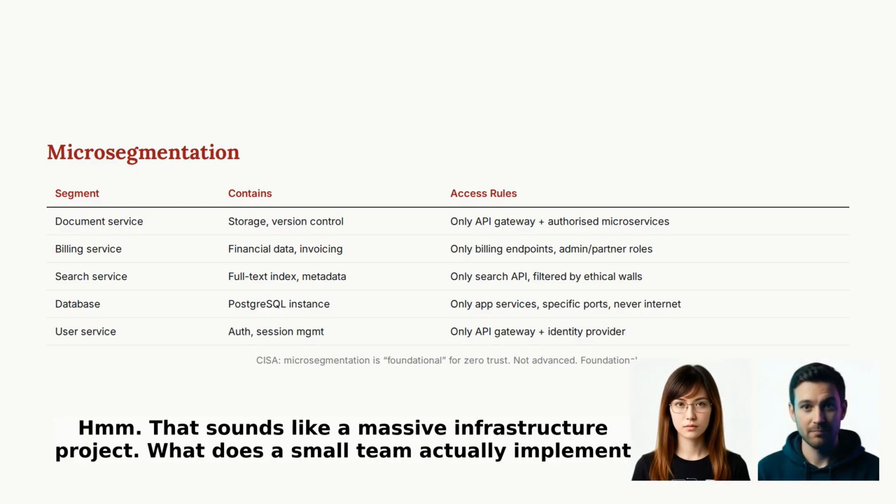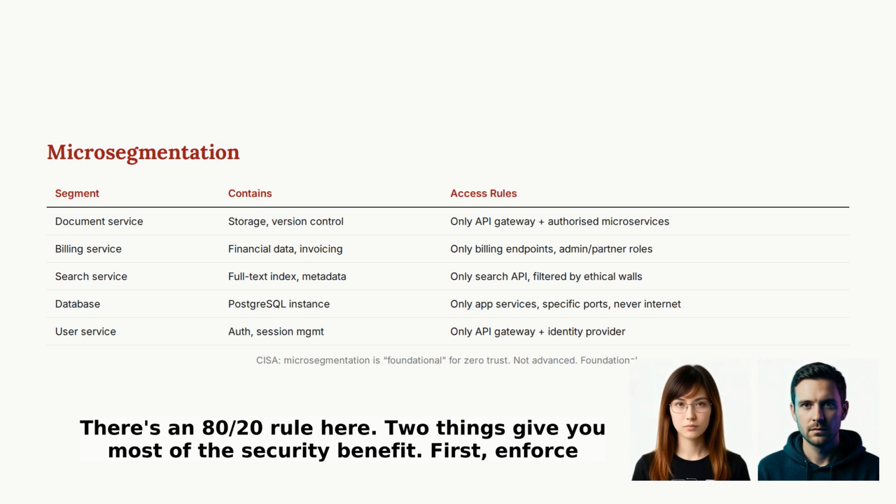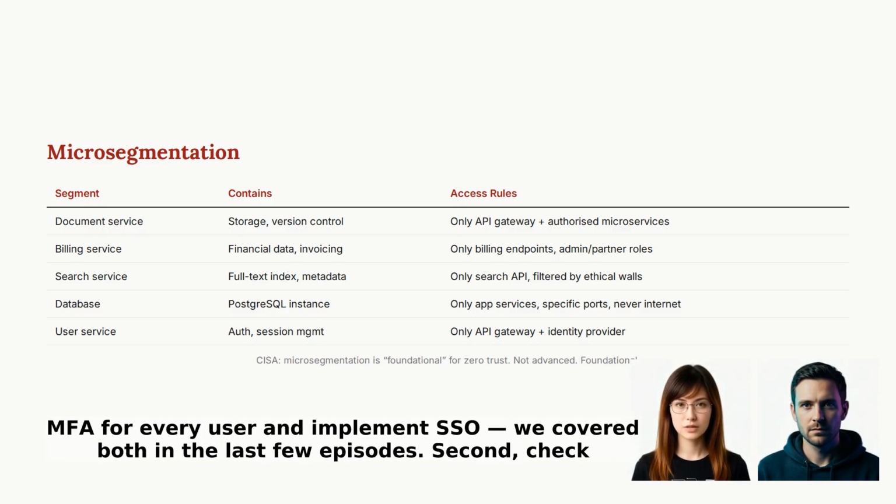That sounds like a massive infrastructure project. What does a small team actually implement first? There's an 80-20 rule here. 2 things give you most of the security benefit. First, enforce MFA for every user and implement SSO. We covered both in the last few episodes.